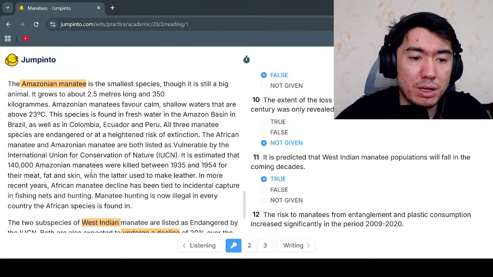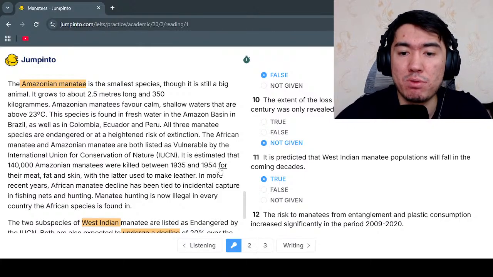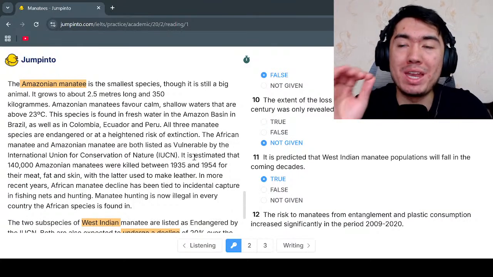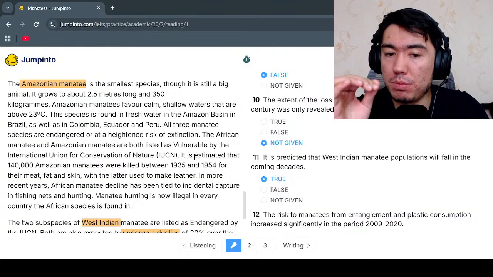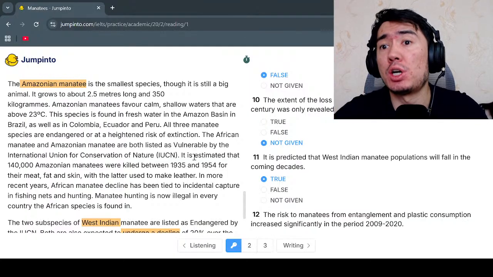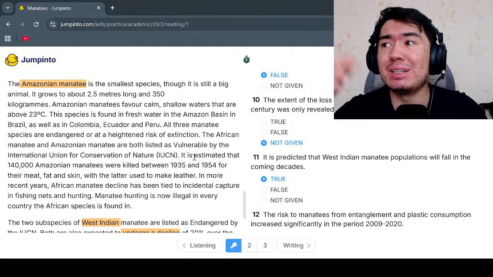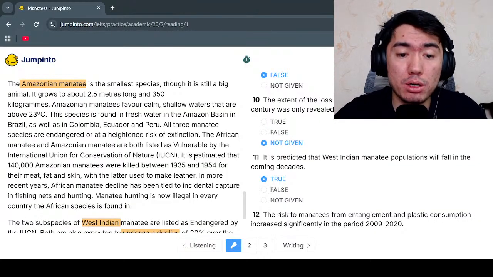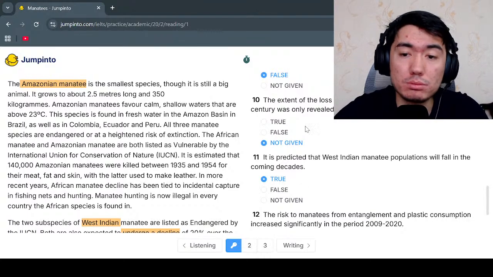It's estimated that were killed between 1935 and 1954. But when did this estimate come? Was it many years later, or was it immediately? I'm not sure. Yeah, I think it's not given.